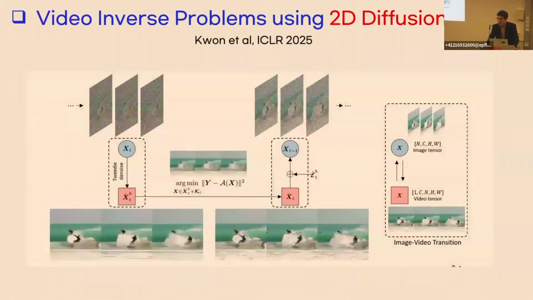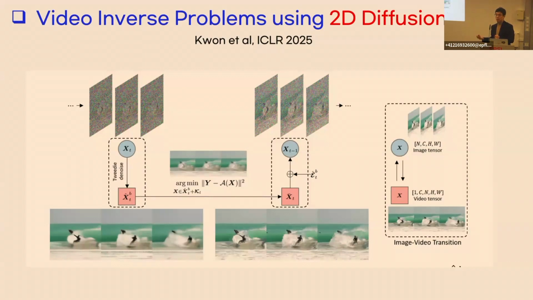This kind of algorithm can also be used for the video inverse problem. This is the latest work, which I got accepted at CLEAR. In this case, we are doing the inverse problem for video, but video is basically three-dimensional, right? One naive way of applying this is using a video diffusion model.